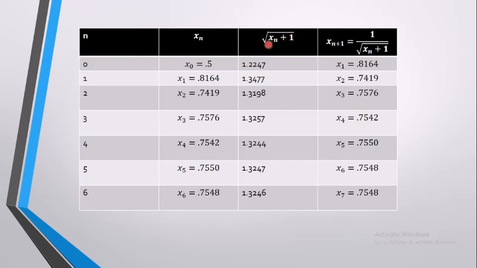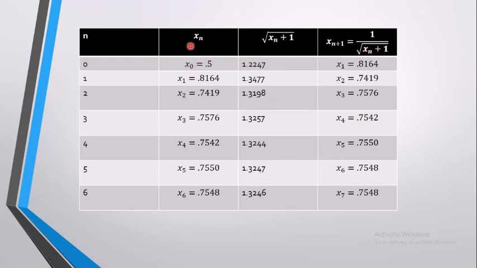Why should we take the root of (x_n + 1)? Because we have the formula x_{n+1} = 1 by root of (x_n + 1). So this denominator part is what I'm going to solve in the third column.